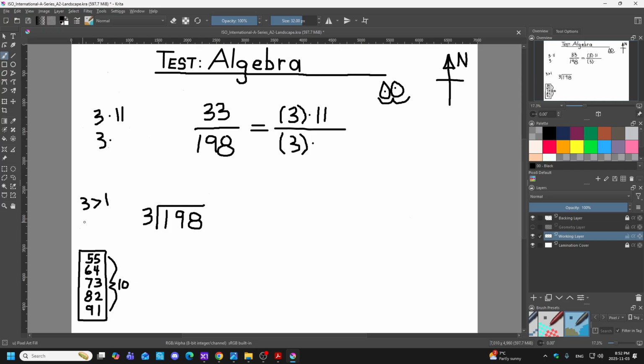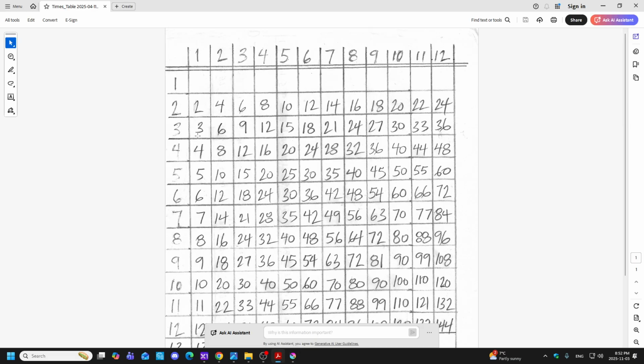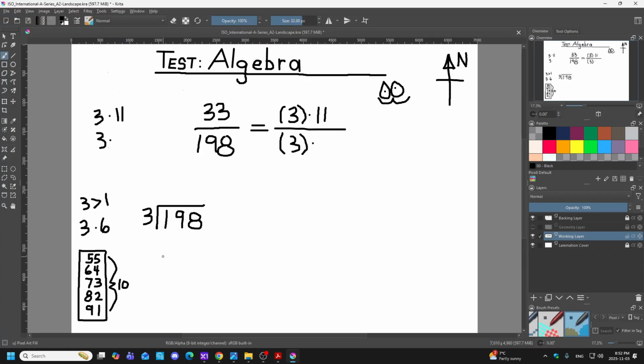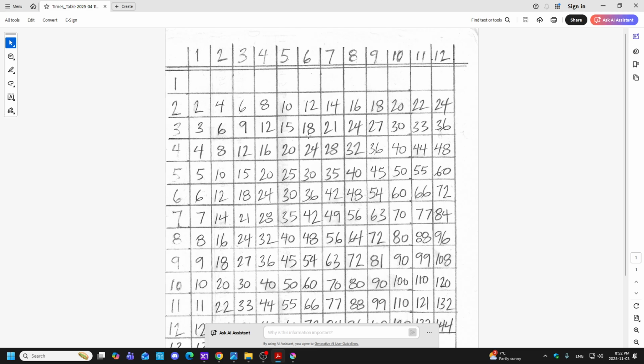Now, you should know that 3 times 6 equals 18. Looking at our times table, 3 times 6 in fact does equal 18. Going back, we got to make sure we stop before 19 and not go over. 3 times 7 is 21.